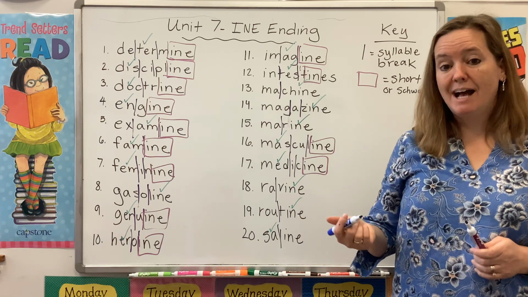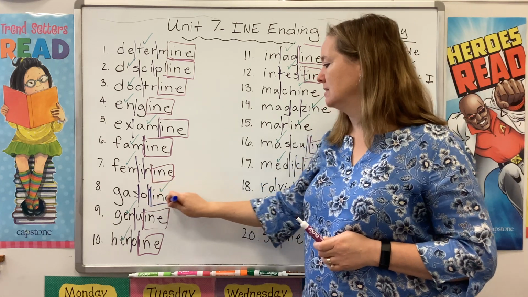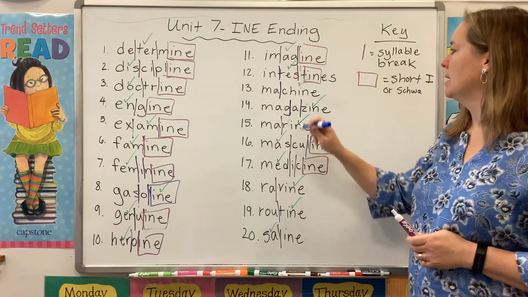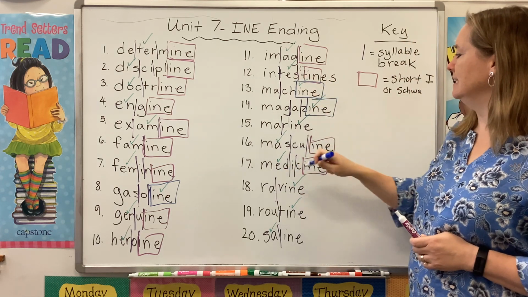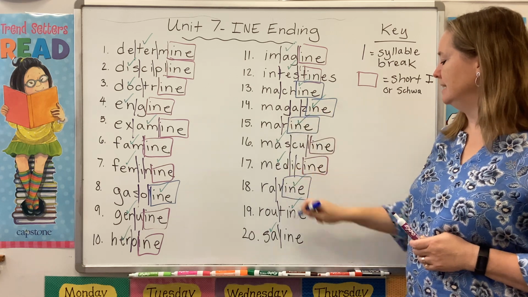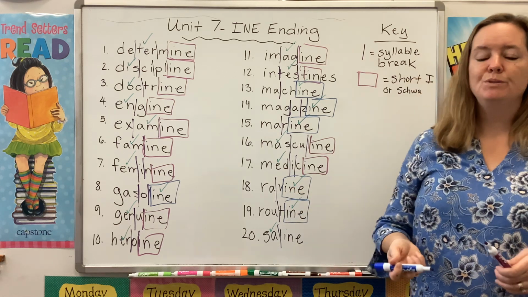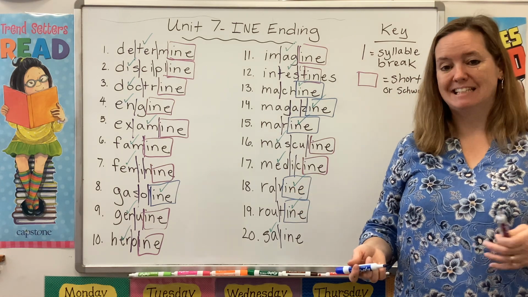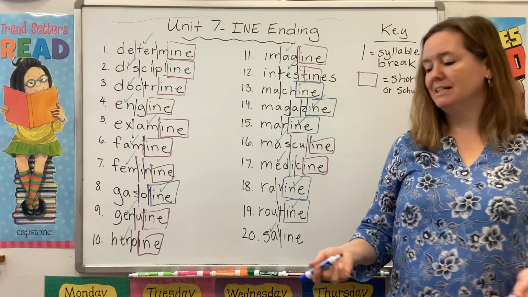When we stress the INE syllable in words like gasoline, machine, magazine, marine, ravine, and routine, it has a whole new sound. It makes a long E sound. And then, of course, there has to be a rule breaker in every example, right?